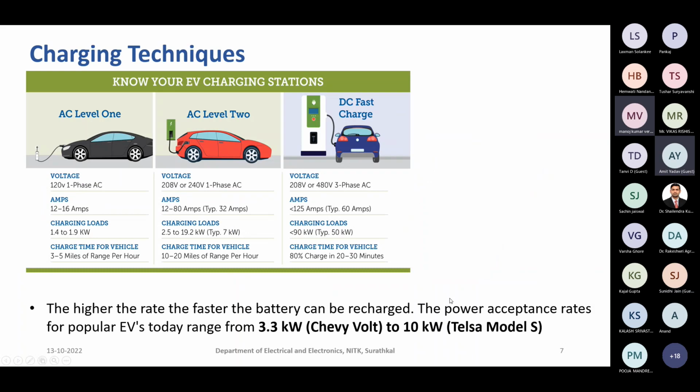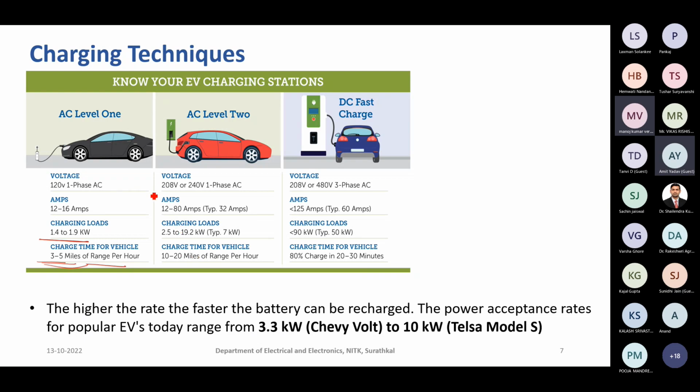And basically, we know the charging techniques: level 1, level 2, and DC fast charging. Level 1 is 120 volt, single phase, where in our household itself we can charge the battery, operating at 1.4 to 1.9 kilowatt. The charging time and range obtained is only 3.3 to 5 miles of range per hour.